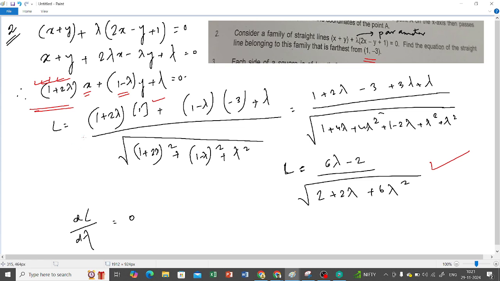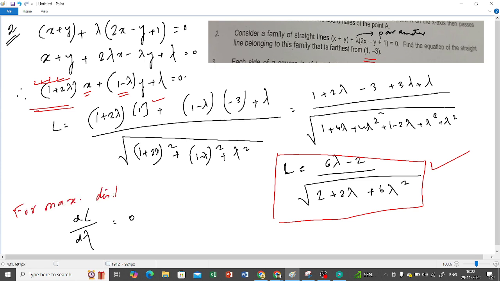So L equals 6 lambda minus 2 divided by root over 2 plus 2 lambda plus 6 lambda square. This is the value of L I am getting. Now for maximum distance, this is a new thing that you will learn in class 12, in application of derivative.